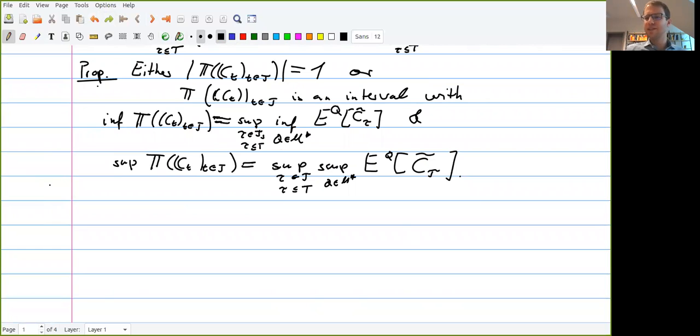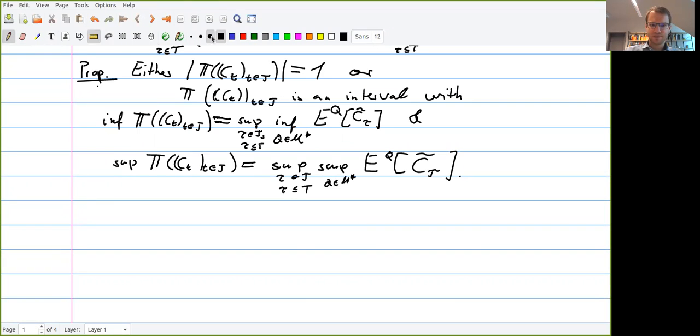Okay. Now let us understand a bit better this case of a single element, because this we understood for the European option. I have a unique price if and only if the option is replicable. But what does replicable mean for an American option?